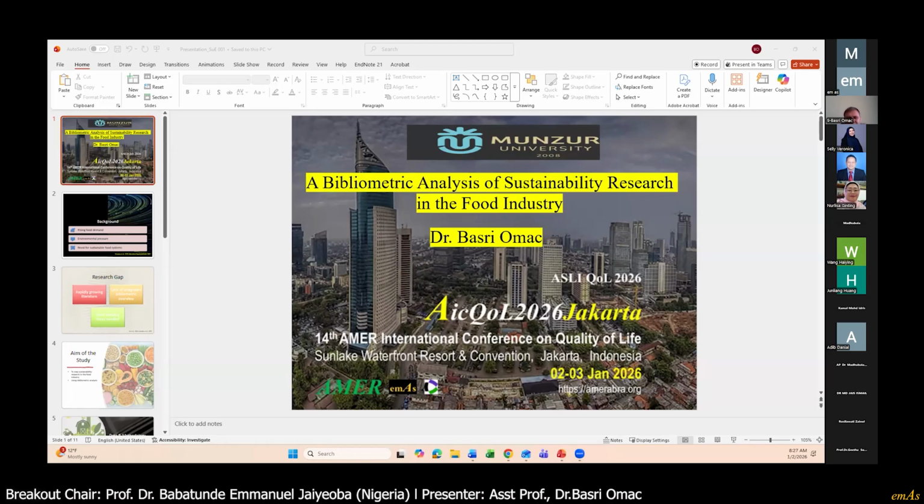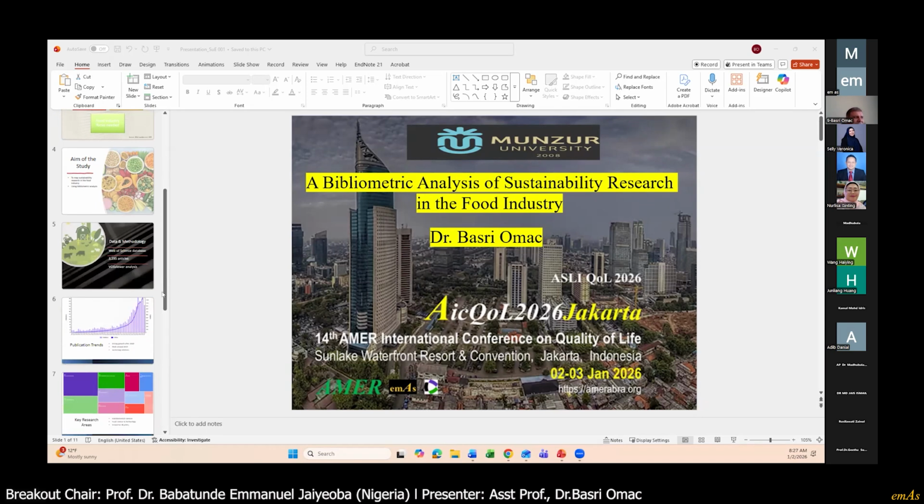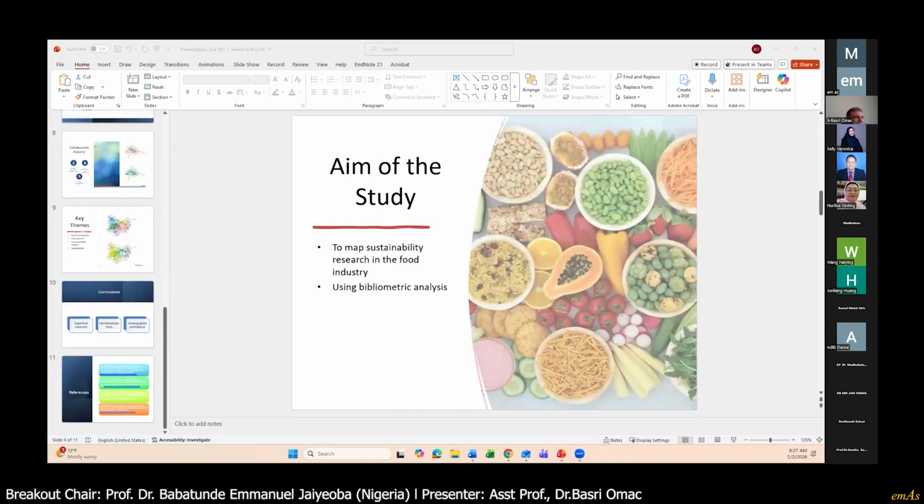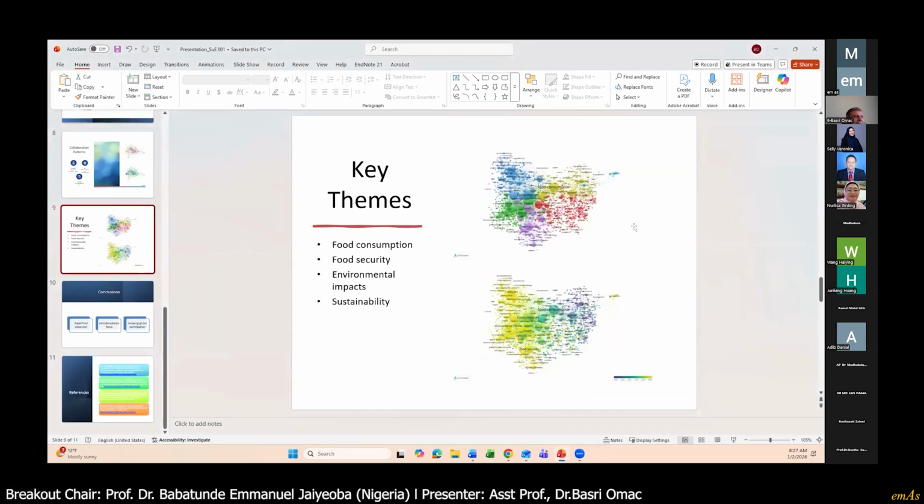But after the Sustainable Development Goals were explained by the United Nations, the trends changed, as I mentioned in my slides here. The first studies focused on the behavior of, like, farming, how farming conditions affect my foods.